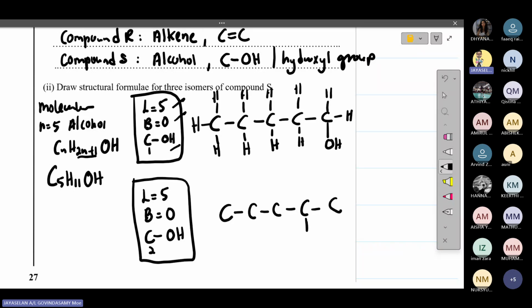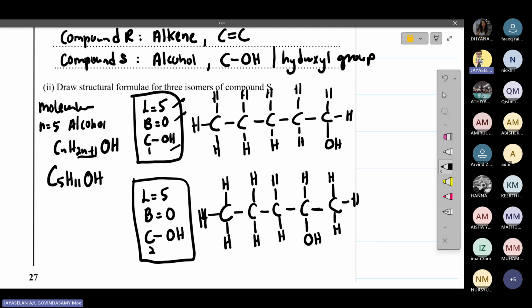The second carbon has the functional group, OH. Each carbon must have 4 bonds. Then 1, 2, 3, 4, 5, 6, 7, 8, 9, 10, 11 hydrogens. So you guys already score full marks.